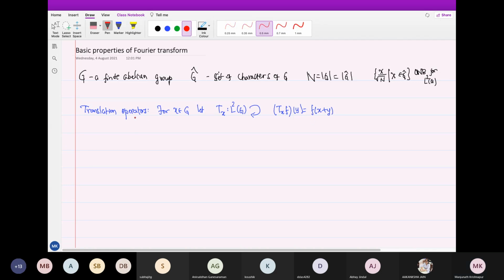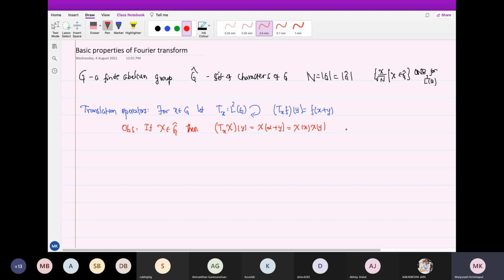These are of course linear transformations. But one observation is that if chi is a character, what does the translation operator do to it? By definition it is chi of x plus y, but since it's a character, it's a homomorphism, so it is chi x times chi y.